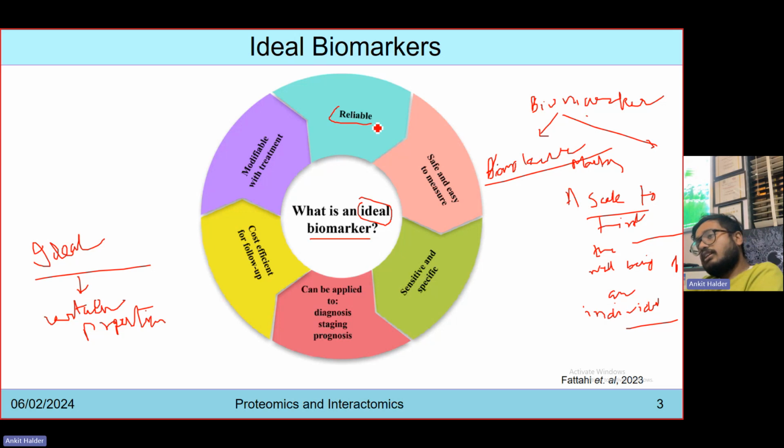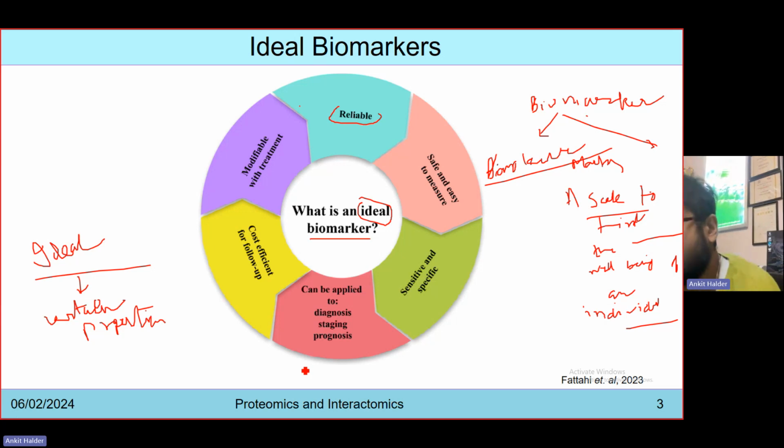reliable. So now the term reliable: how can you understand whether a biomarker is reliable or not? Mostly, there are two types of expression systems, or two types of understandings we can have. One is abundance based, one is functional based.